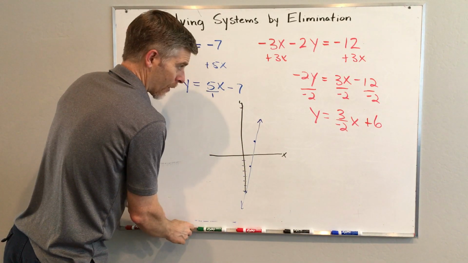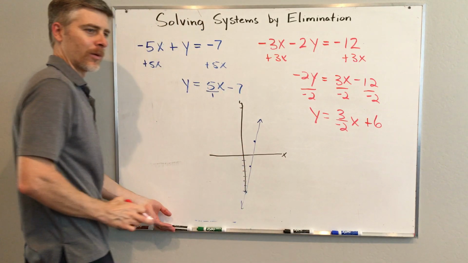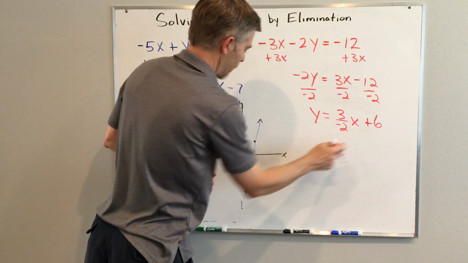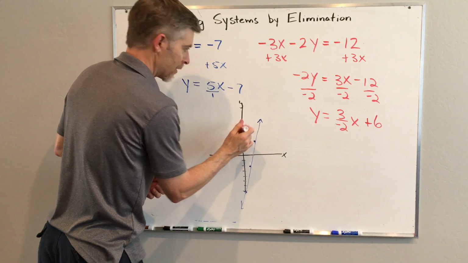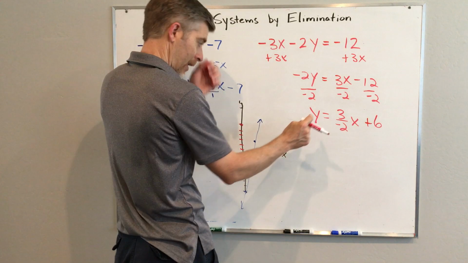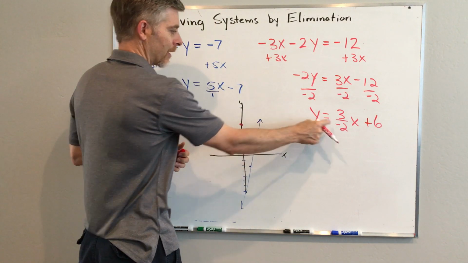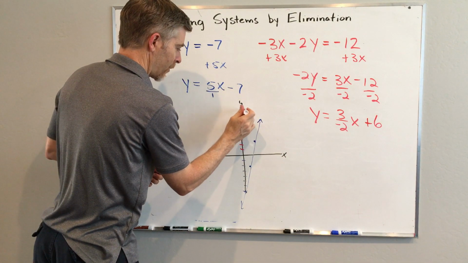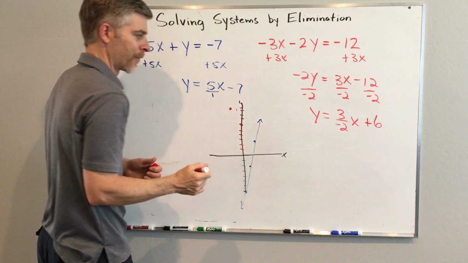So what I want to do then is graph the red equation onto the same graph. So the y-intercept is at 6. 1, 2, 3, 4, 5, 6. And my slope tells me to go up 3, left 2, because it's negative 2. So up 3, left 2 is about here.